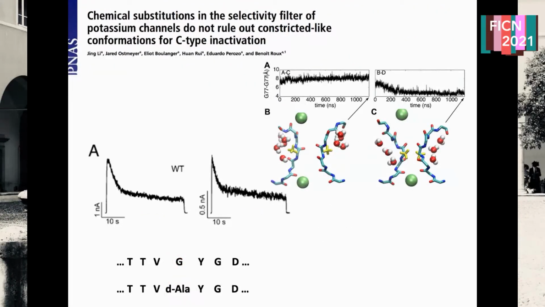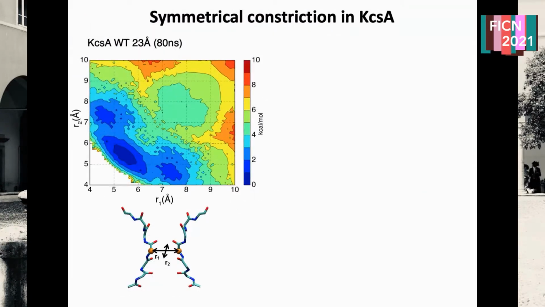In fact, we inspected that by molecular dynamics, and it is true that if you have this D-alanine instead of the glycine, you cannot have the 4-fold pinching. What will happen is that 2 subunits will pinch, but not the 2 others. And seen from the top, this is the potential of mean force of this pinching coordinate, and this would be the symmetric state here.